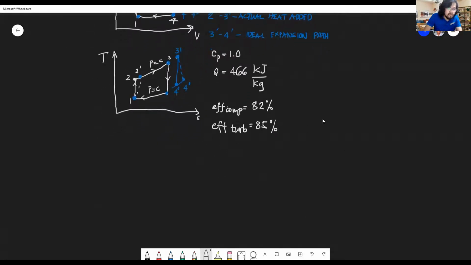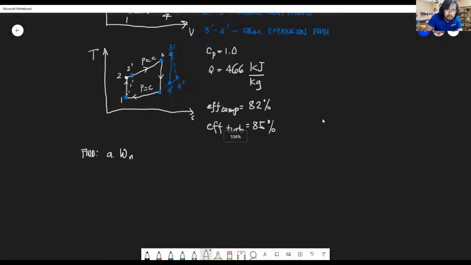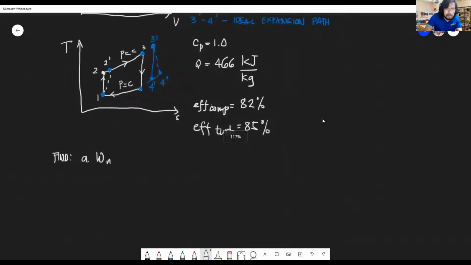All right, so we're to find the what? Find the net work, the thermal efficiency, and the power available.